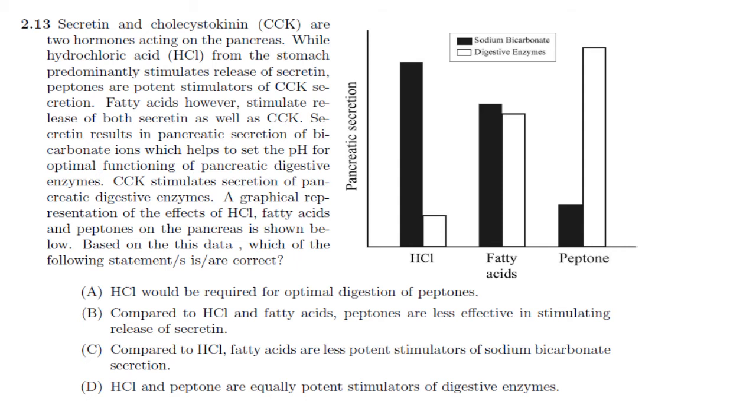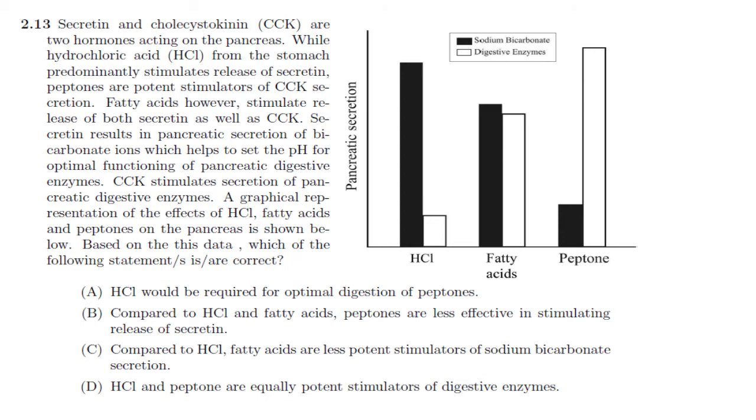Now HCl will stimulate the release of secretin, which results in pancreatic secretion of bicarbonate ions. Similarly, peptones will stimulate secretion of cholecystokinin, which will secrete pancreatic digestive enzymes. Now there are fatty acids also.